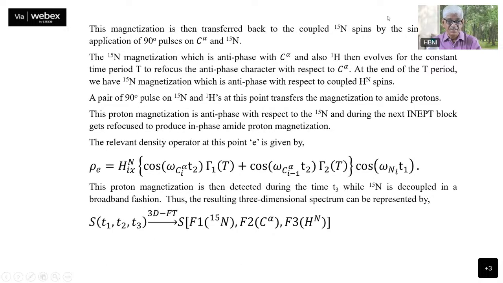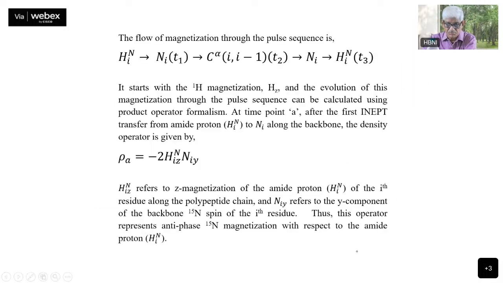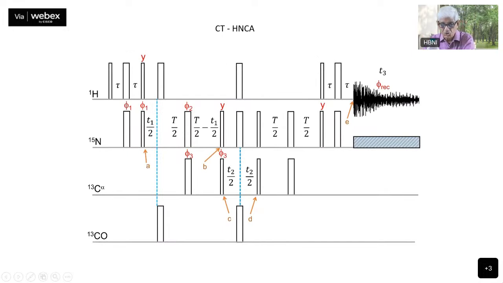This magnetization is then transferred back to the coupled nitrogen spins by the simultaneous application of 90-degree pulses on C alpha and nitrogen. So let me go back there and show you these two pulses there. These two pulses transfer the magnetization back to nitrogen 15. Here it is on 15.